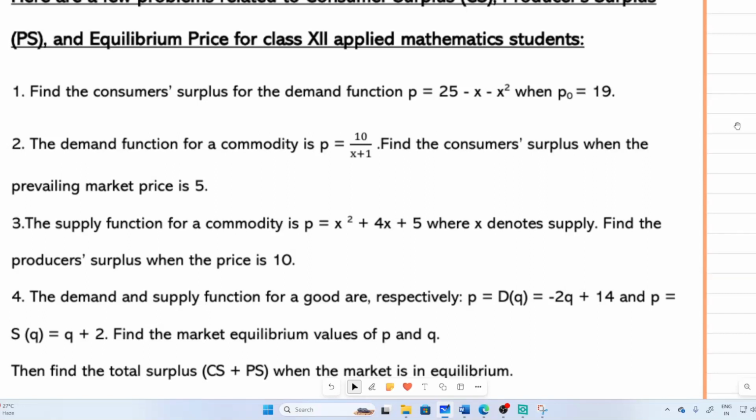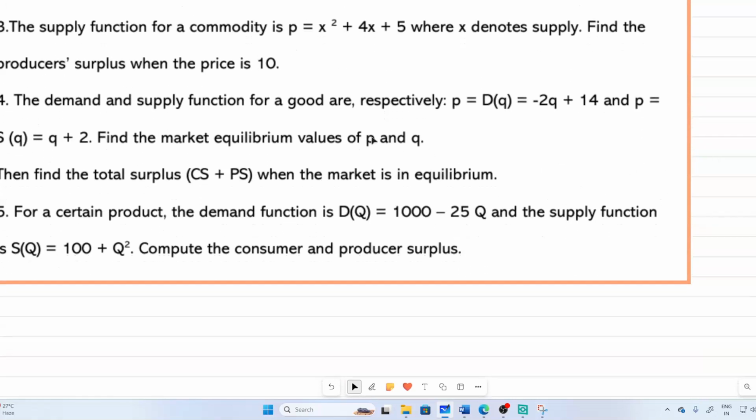Find the consumer surplus for the demand function, when P0 is 90. No, not this one. I would like to show you these two sums mostly, like number 4 and 5.